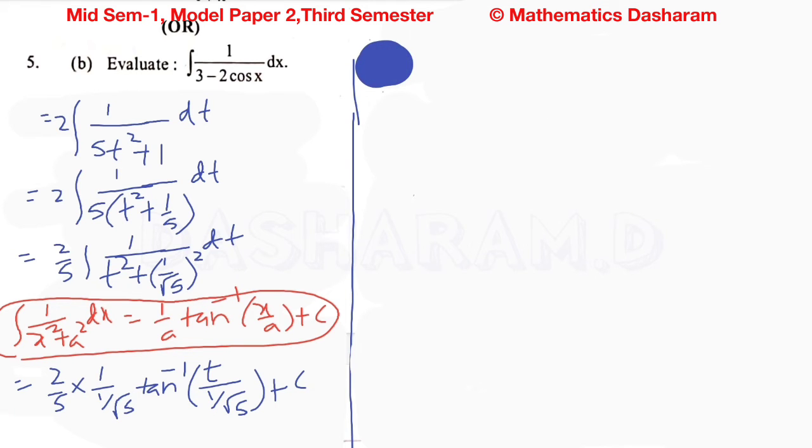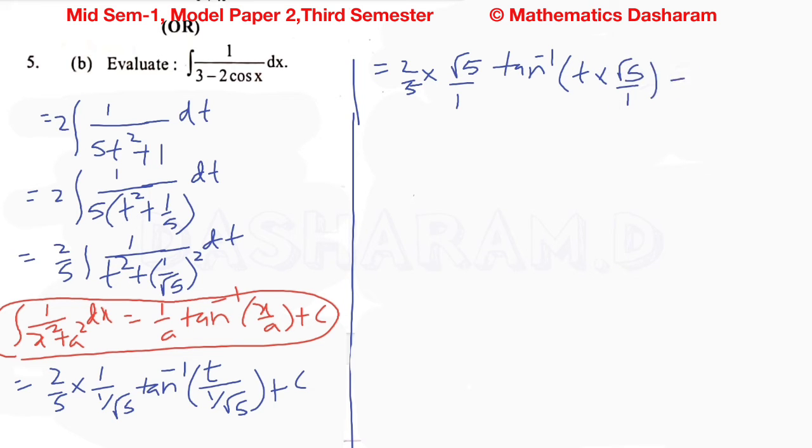So it is equal to 2 by 5 into 1 by 1 by root 5, means root 5 by 1, into tan inverse t by 1 by root 5, means t into root 5 by 1, plus c. So 2 by 5 can be written as root 5 whole square into root 5, into tan inverse.